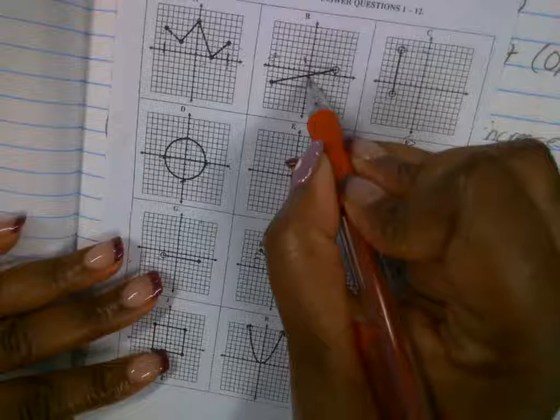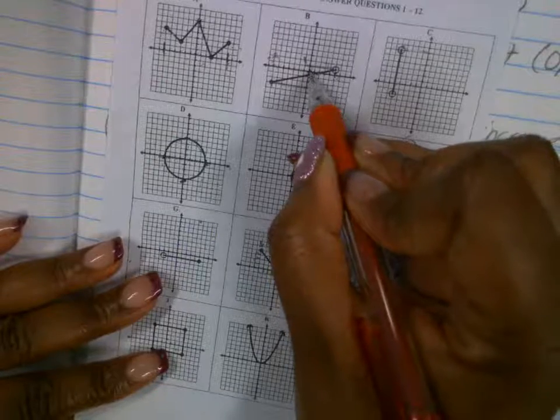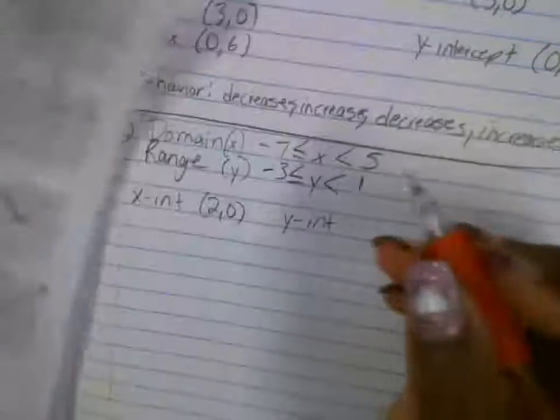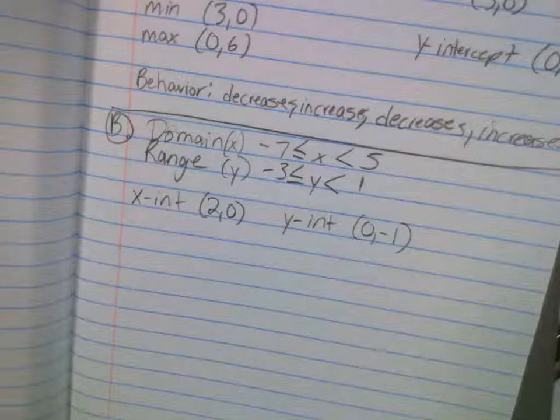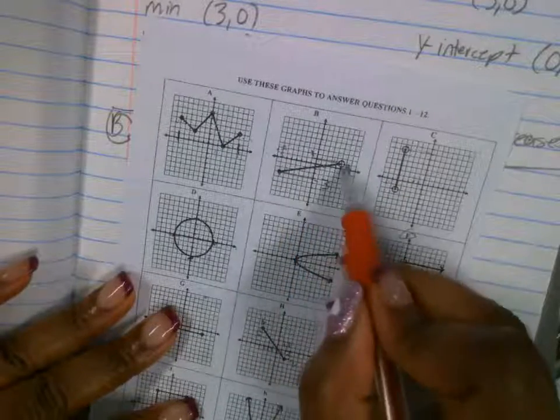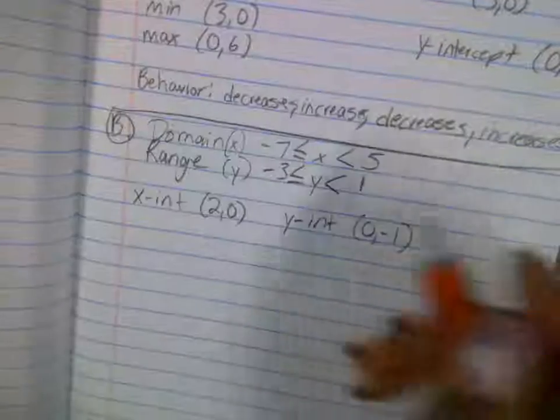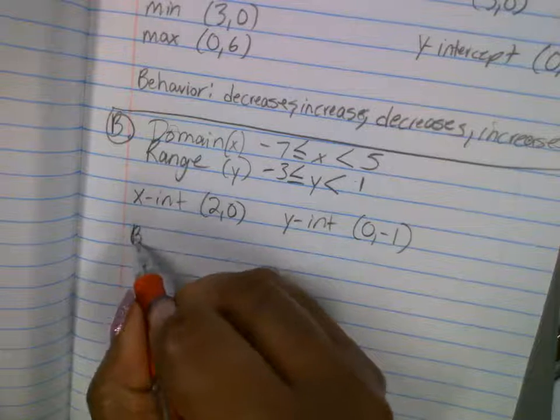Y-intercept, where it crosses the y-axis, is right here. This is 0 and negative 1. This has a constant increase right here. It's a straight line. So the behavior here is a constant increase.